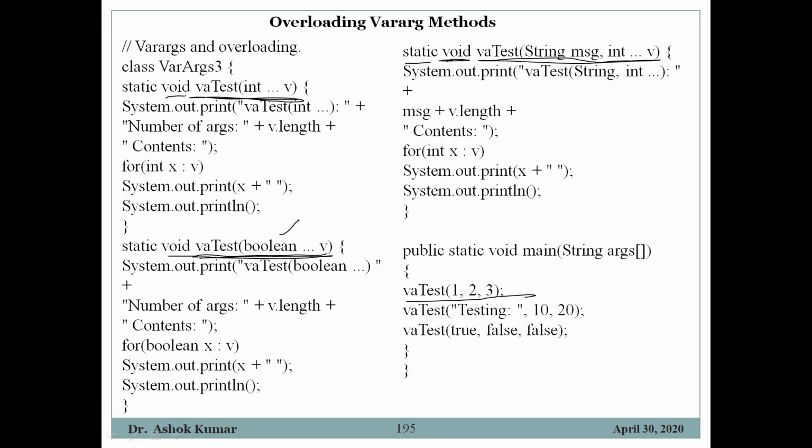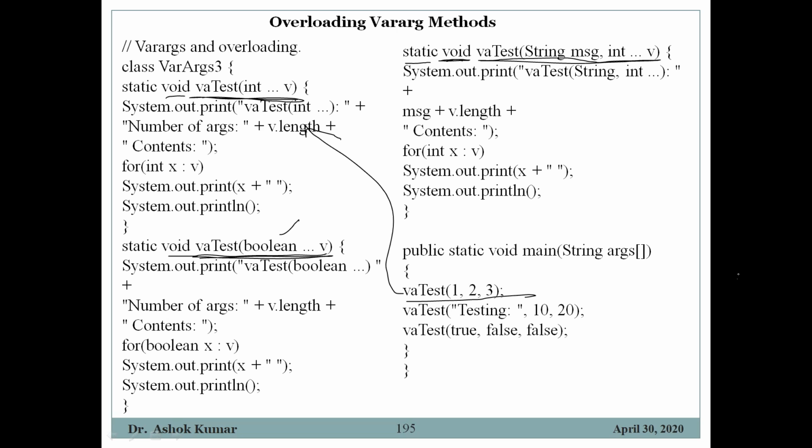So the first VA test can receive all integer type arguments. This line will call the first VA test method, and 1, 2, 3 will be assigned to the array v, and the body of this method is clear to you. I'm not going to explain that.